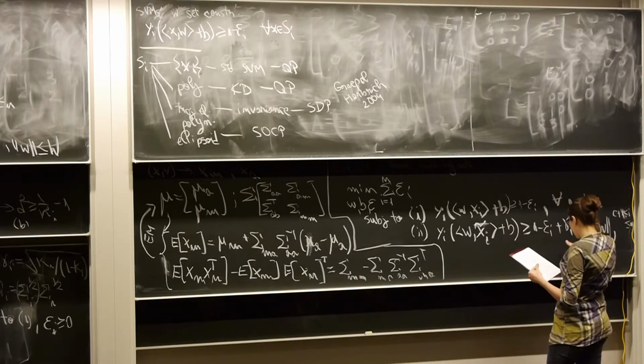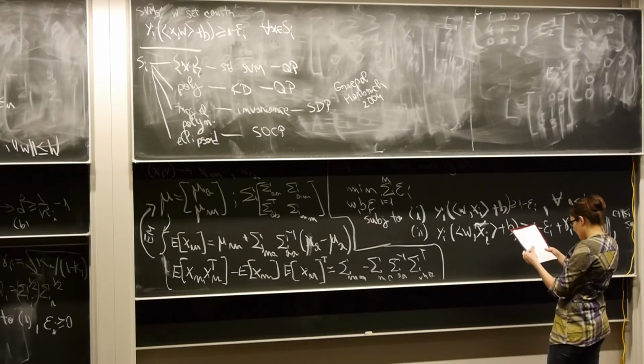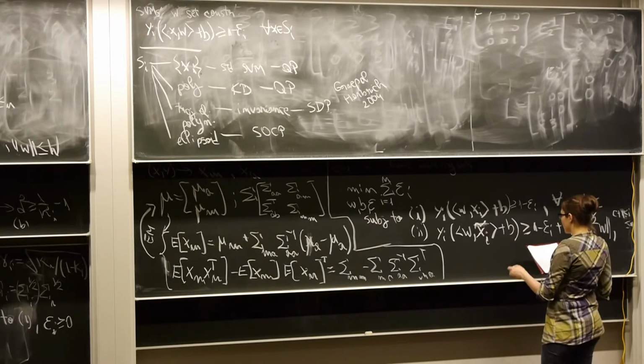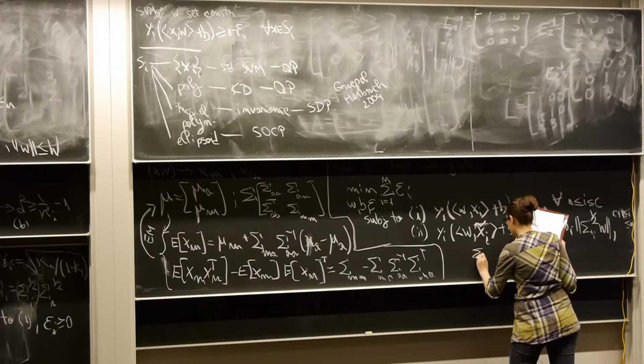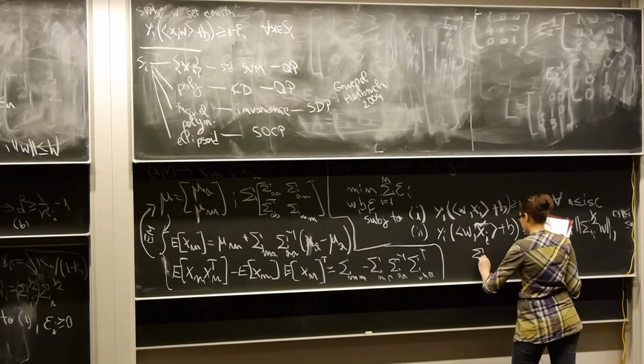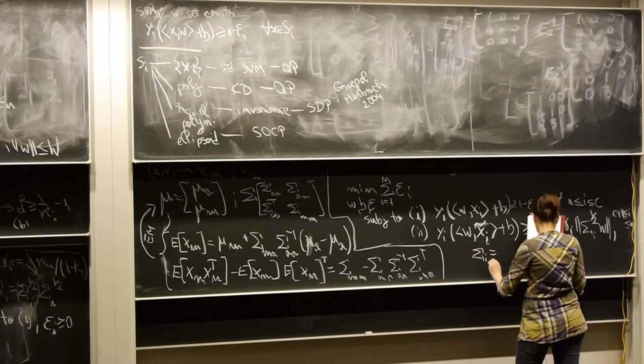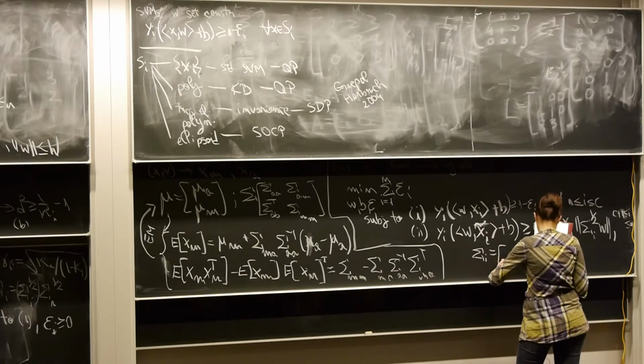Okay, so here, sigma, I haven't really defined. I told you what x tilde i is. I haven't told you what sigma i is. It'll just be something like this.